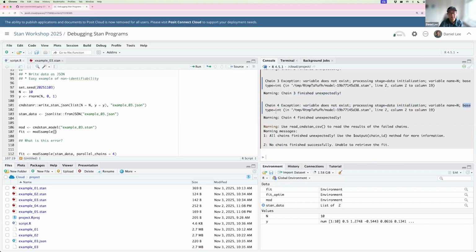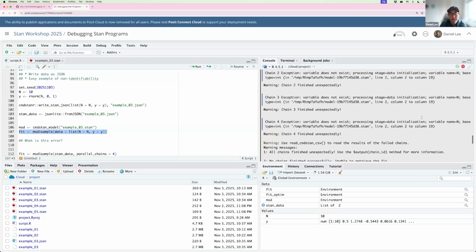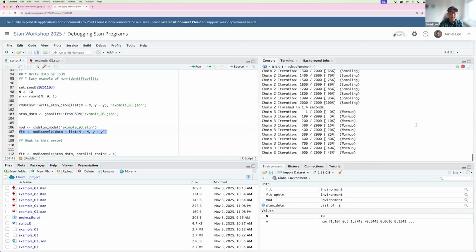It's looking for base type int. If I do this, we should expect missing input data for the following variables: y. Okay, so we need both. If you ever see something like this, that's what's happening.